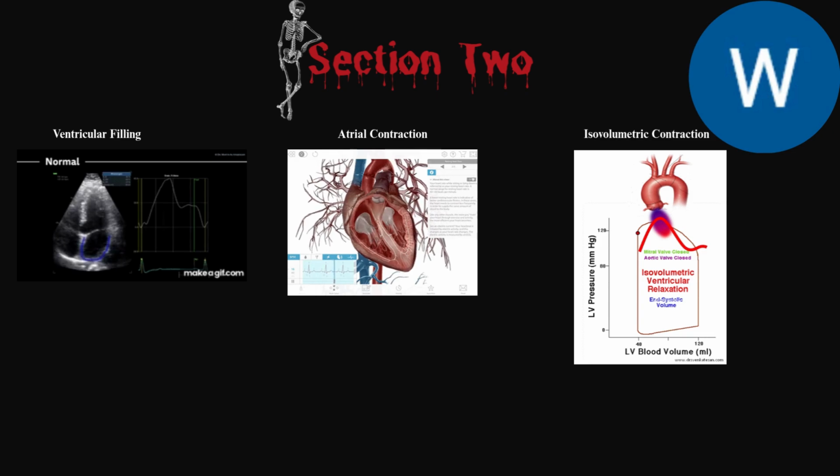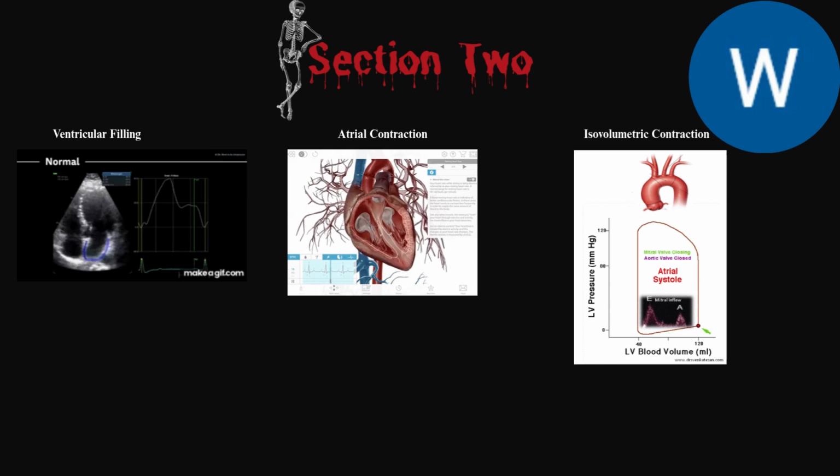And then this is actually very, very cool. This is actually one of my favorite parts. This is the isovolumetric contraction. So this is when the ventricular systole begins. But all the valves are closed, so no blood is moving yet.